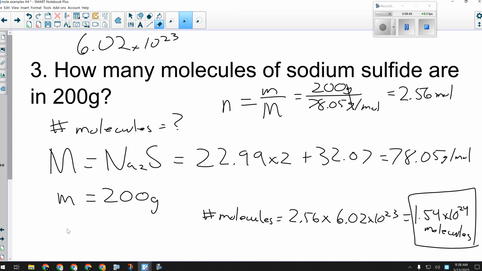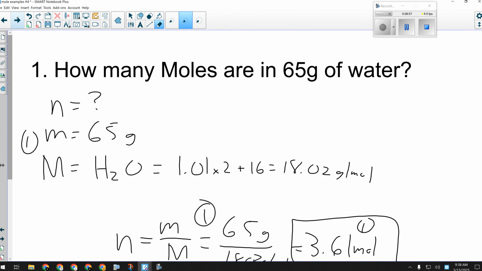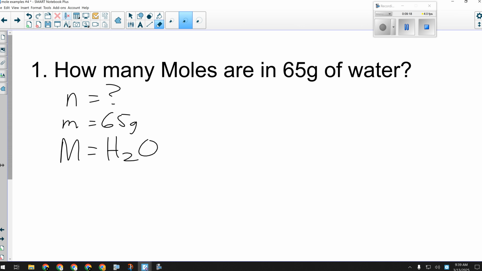How many people have done the fourth one? Well, let's look at the fourth one. Number 4 is a type 1 question. So how many moles are in 65 grams? I'm looking for n because that's number of moles. Mass is 65 grams, and we are dealing with water.